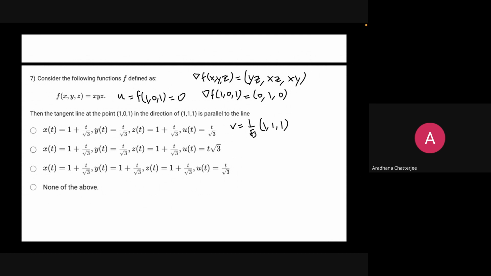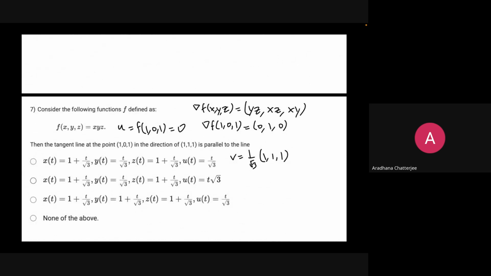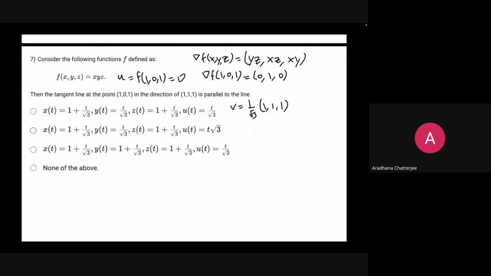We have everything we need now. For this last parametric equation, we also need the directional derivative of the function in the direction of this unit vector. Here I'm calling the unit vector v.